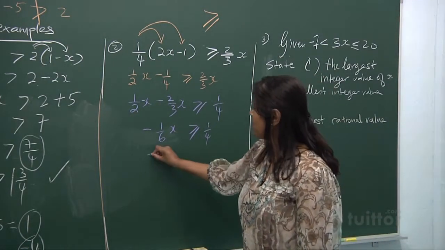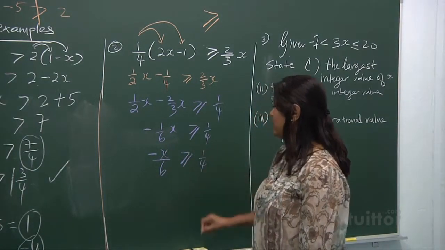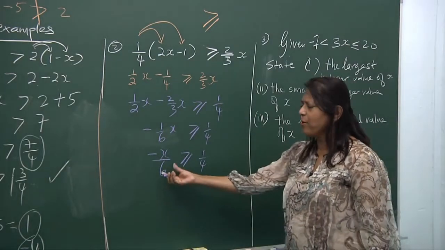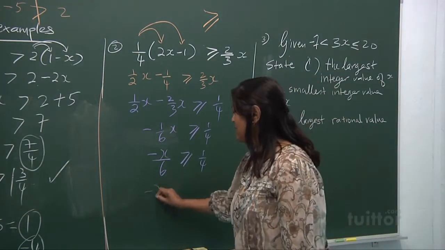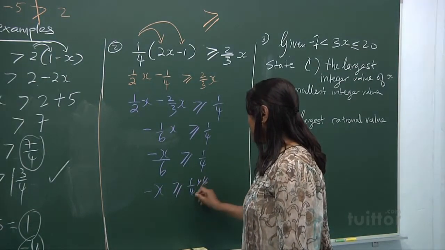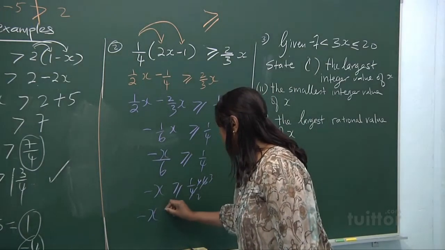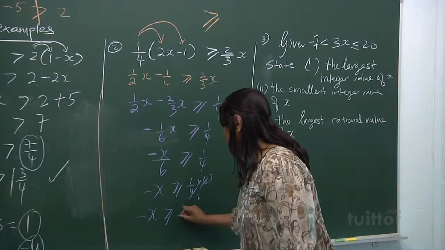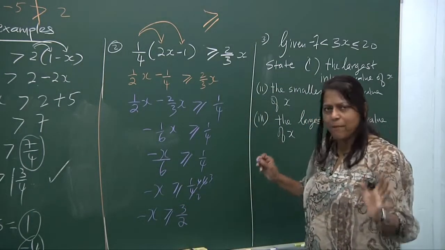Now I could write it this way. I bring the 6 over, and it becomes a times. So I get 1/4 times 6, cancel it, 3/2. In other words, minus x is greater or equal to 3/2. Multiply both sides by minus.